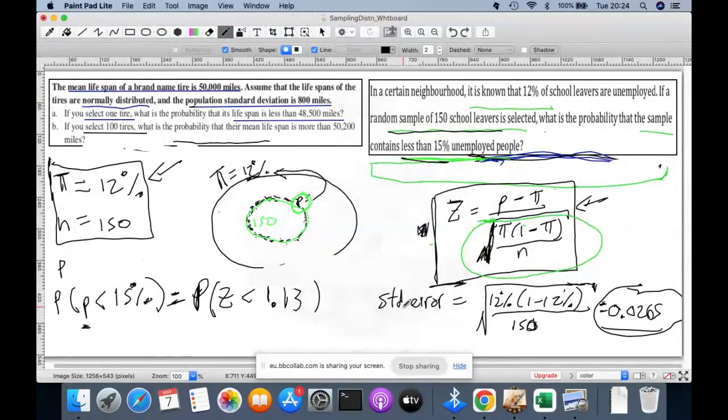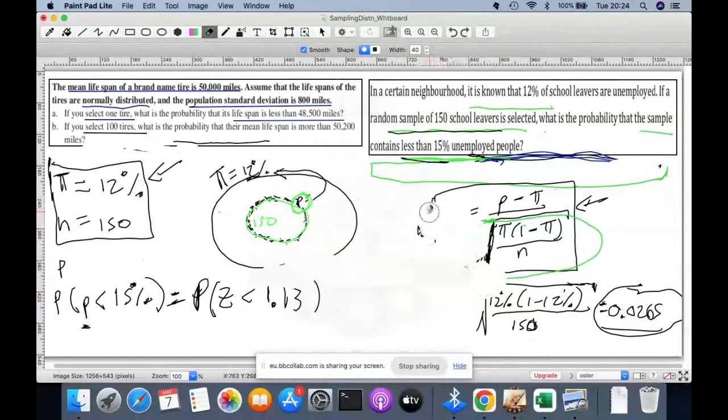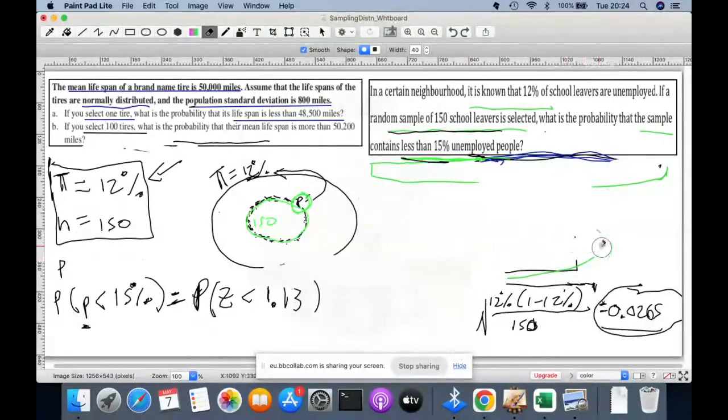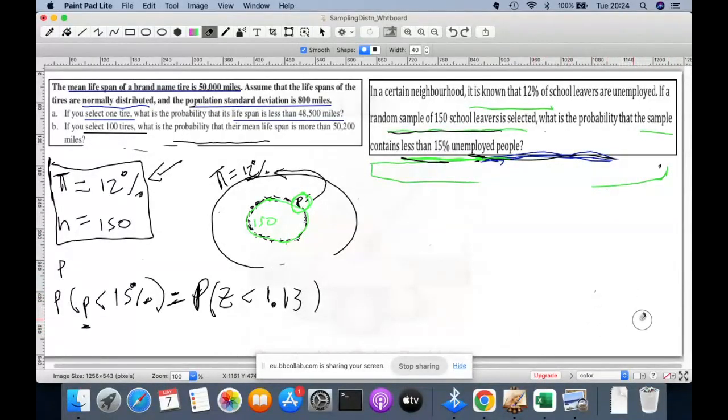I'm gonna make some space. And I like sketching it because it puts it into context for me. So I'm gonna draw it.